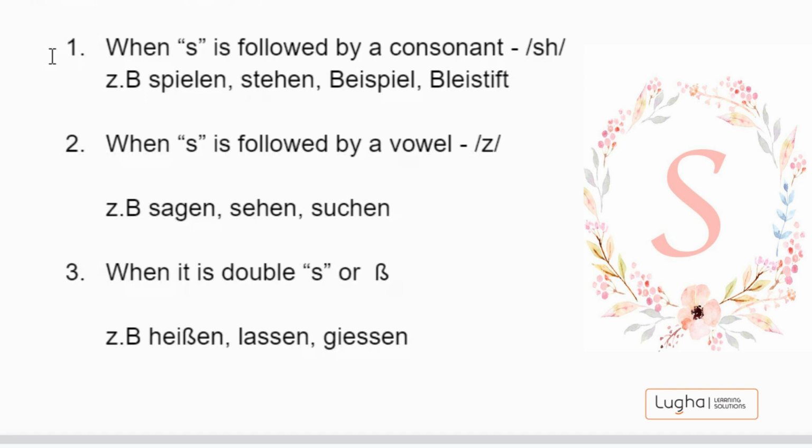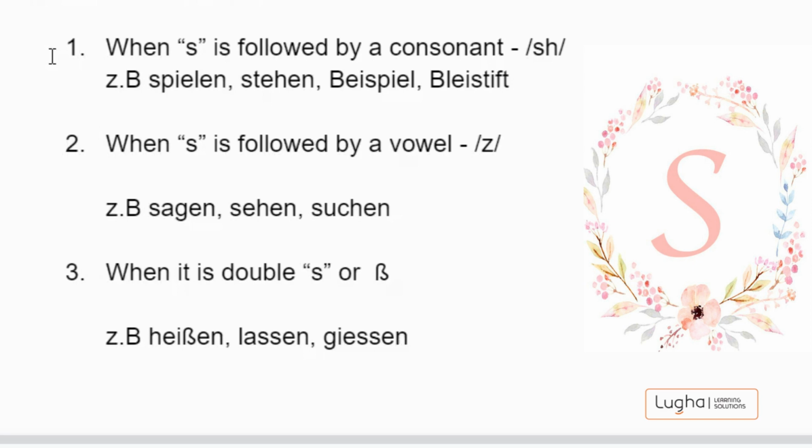We have said that S is pronounced in 3 different ways. The first way is when S is followed by a consonant, then we pronounce it as sh. Zum Beispiel, spielen, stehen, Beispiel, Bleistift.